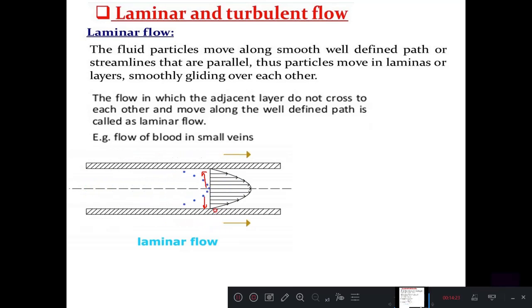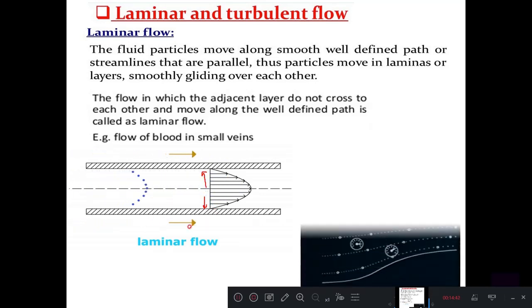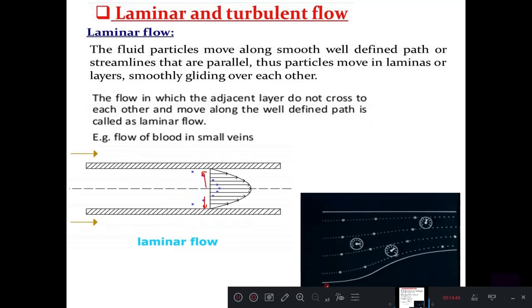Laminar flow can be regarded as a series of liquid cylinders in the pipe where the innermost part flows the fastest and the cylinder touching the pipe isn't moving at all. So that is called laminar flow. This is the laminar flow we can show here.